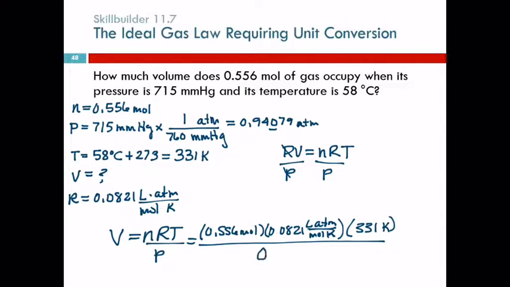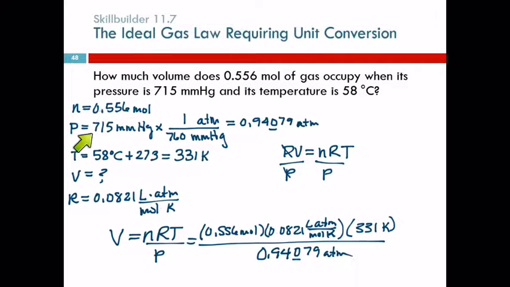Pressure 0.94079 atmospheres. 0.556 times 0.0821 times 331 divided by 0.94079. I look at all the numbers, and it looks like I should have 3 significant figures.